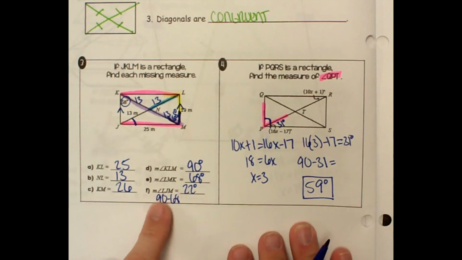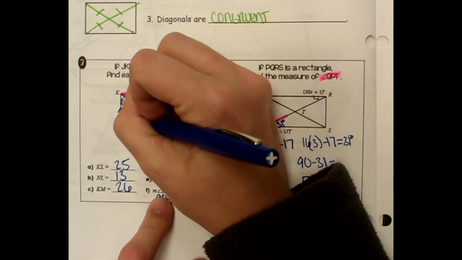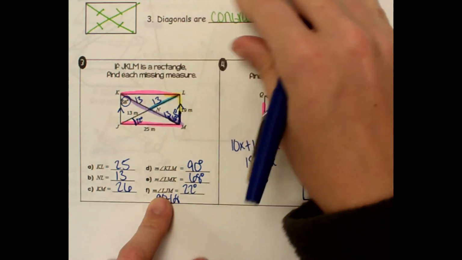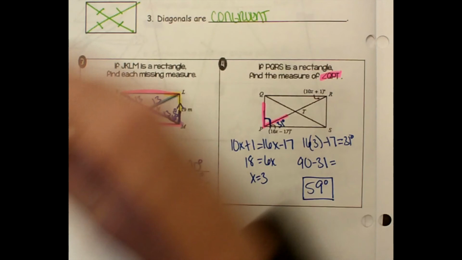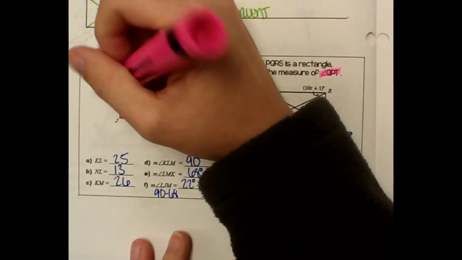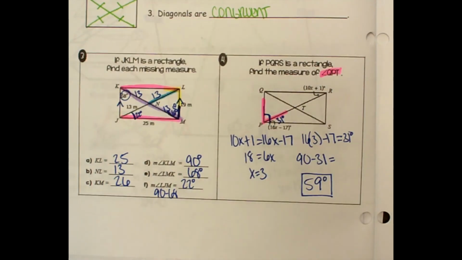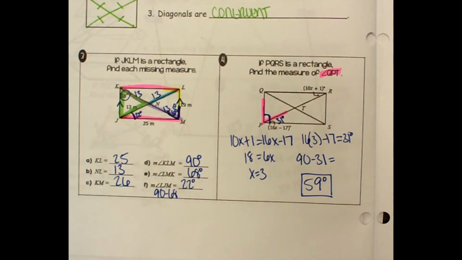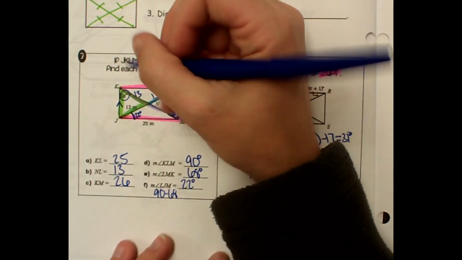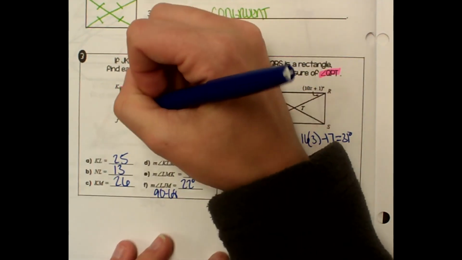So let's go back to here for just a little bit, because I feel like there might be a little confusion for letter F, how we got LJM, how we got that this one was 22. Well, if we go back to, say, this triangle right here, this is an isosceles triangle, which means that this leg is congruent to that leg.